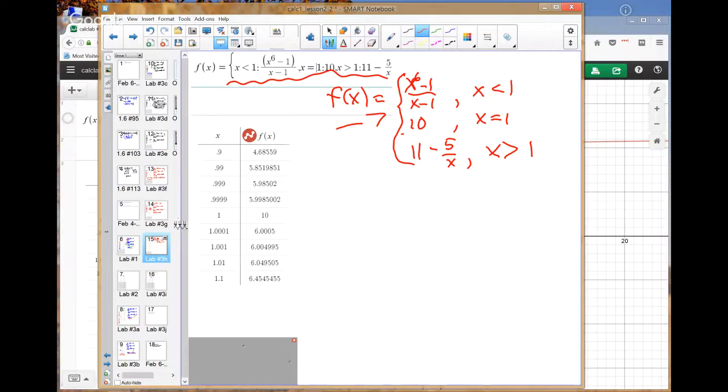So now let's look at the limits. Here we have x approaching 1 from the left. So the limit as x approaches 1 from the left.